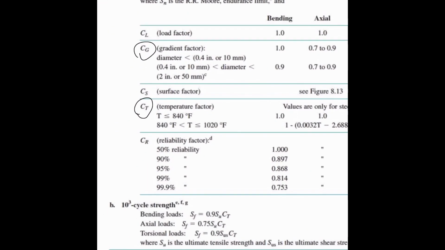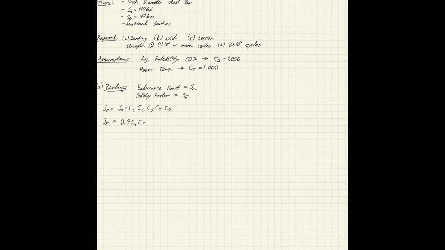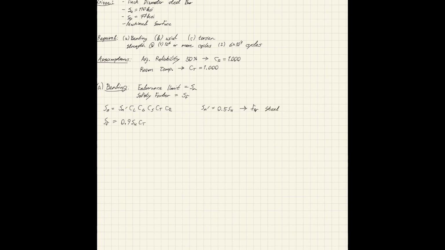You can see that's given right here. So let's do these calculations. SN prime is equal to 0.5 times SU, and this is for steel, which is what we're dealing with today. Therefore SN prime is equal to 0.5 times 110 KSI, which is 55 KSI.